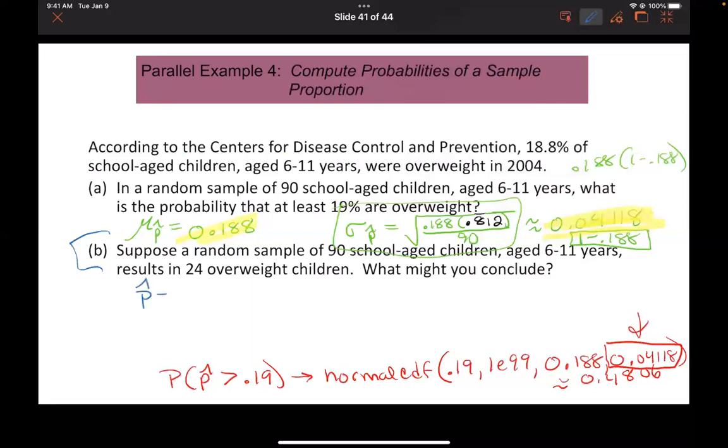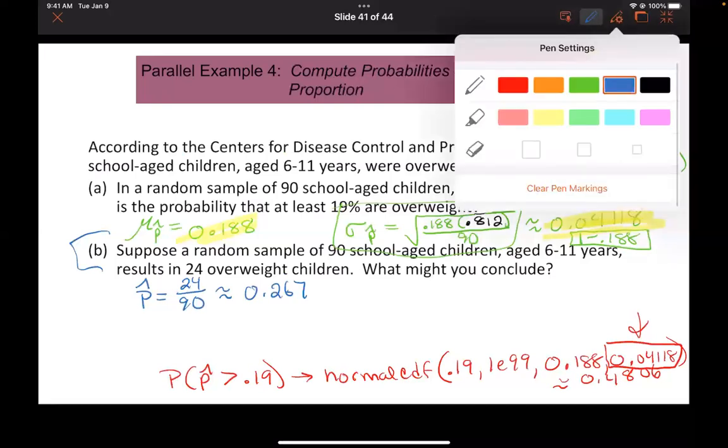P hat would be 24 over 90, 24 divided by 90, which is about 0.267. If I find the probability of getting 0.267 or greater, I can see if this is an unusual value. And I think we can pretty much guess that it will be.